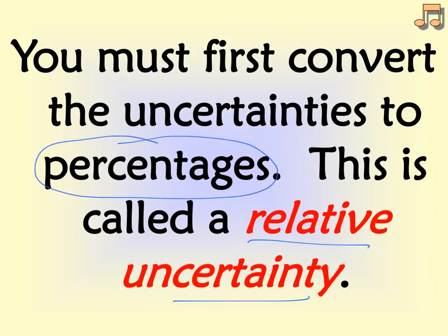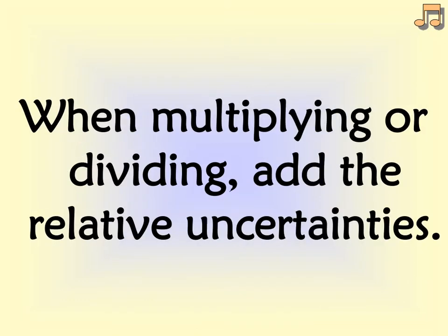What percent is the absolute uncertainty we assigned of the measurement that we originally took? So when you're multiplying or dividing, you will add relative uncertainties, not absolute uncertainties. When we added and subtracted, we could add absolute uncertainties. When we multiply or divide, we add relative uncertainties.